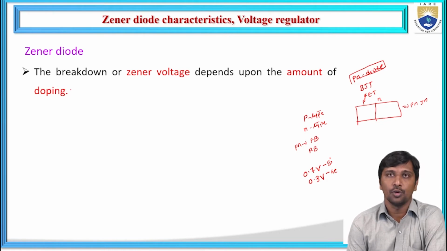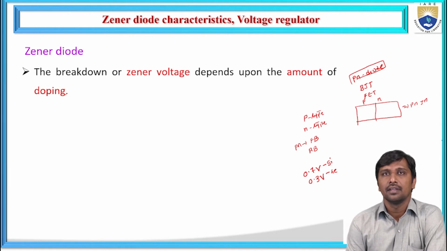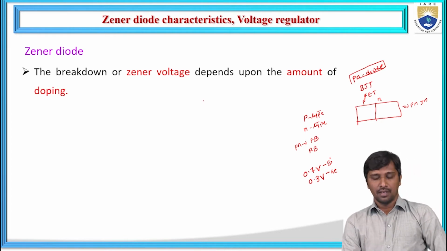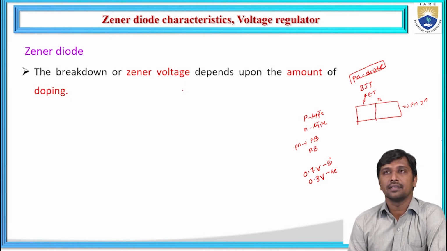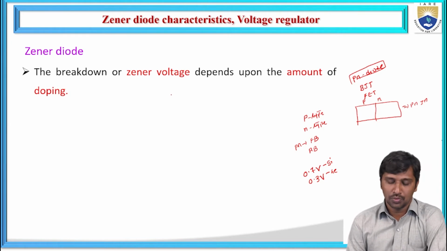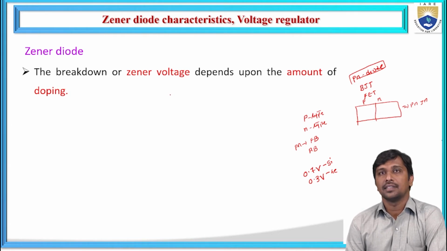When a trivalent impurity is added to the pure semiconductor, we define it as a P-type extrinsic semiconductor. When pentavalent impurities are added to the pure semiconductor, it is called an N-type semiconductor. So in this case also, we are increasing the doping levels to satisfy the characteristics of the Zener diode under forward bias as well as reverse bias.